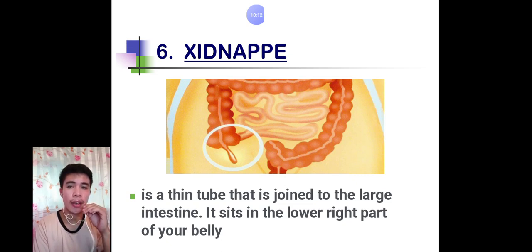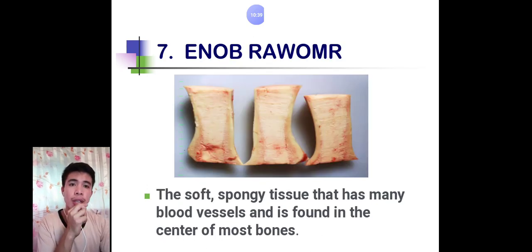30 seconds left. Okay, time's up. Next, number 7: the soft spongy tissue that has many blood vessels and is found in the center of most bones.